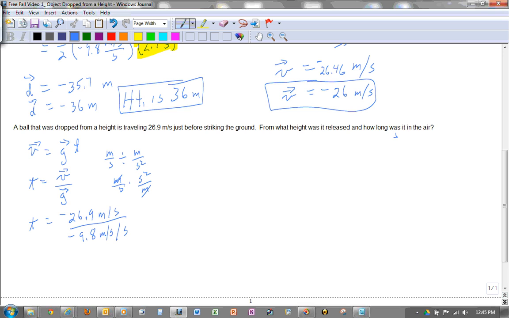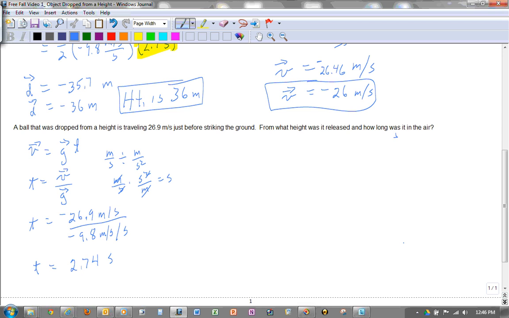Meters cancels. This seconds cancels the square, and it leaves me seconds, and since I'm looking for time, that's a good thing. You'll notice that time is a negative over negative, which is positive. Time should never be negative. So my answer there is negative 26.9 divided by negative 9.8, and that is 2.744 seconds.